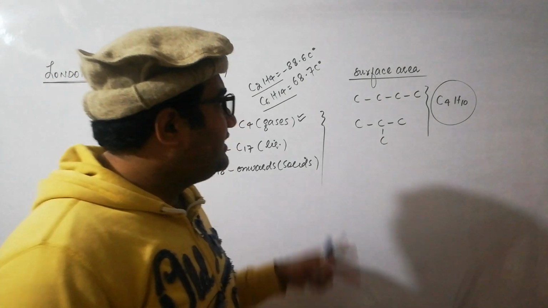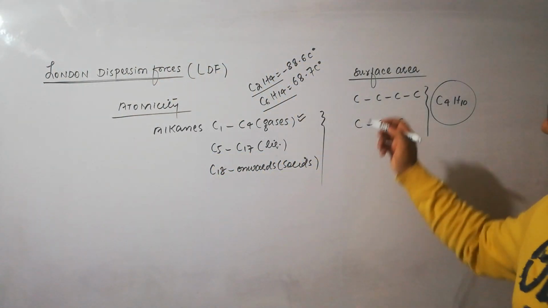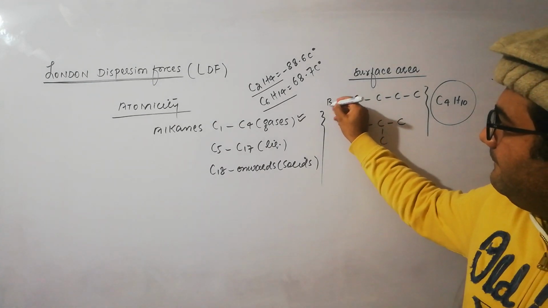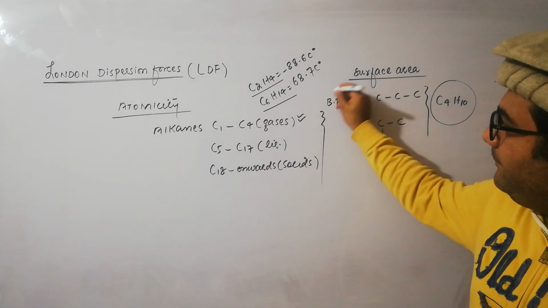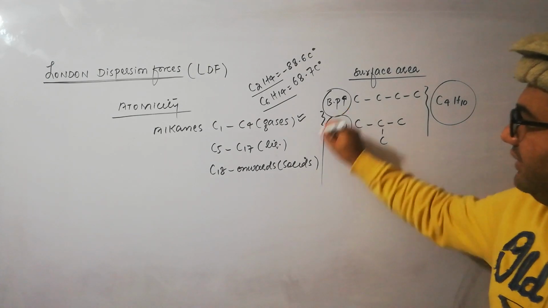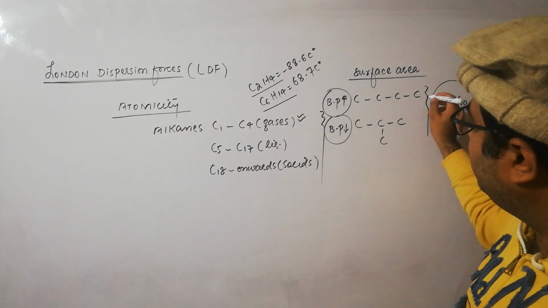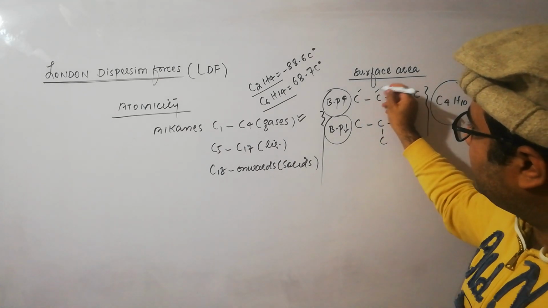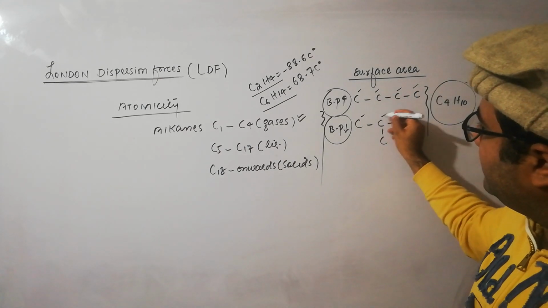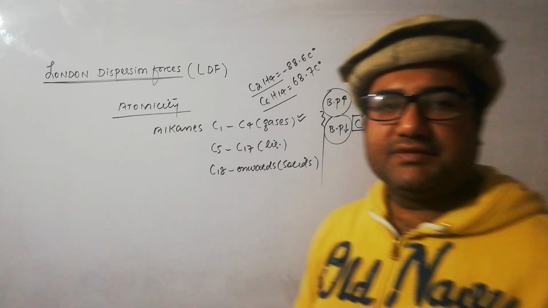But when we study their boiling points, it is seen that the boiling point of n-butane is high as compared to isobutane, which has a low boiling point. Why? Because n-butane has greater surface area, greater sites of attachment, while isobutane has lesser surface area, so it has lesser sites of attachment.